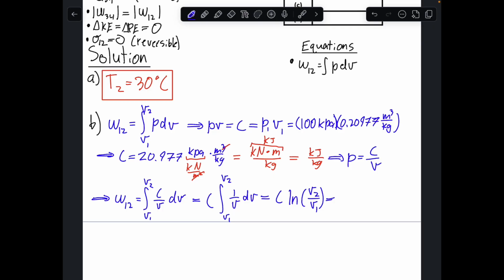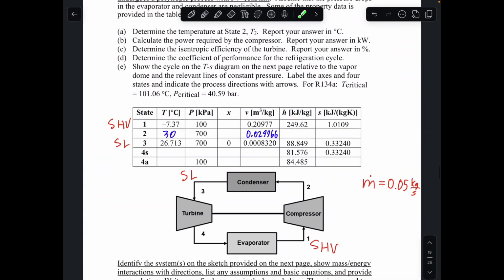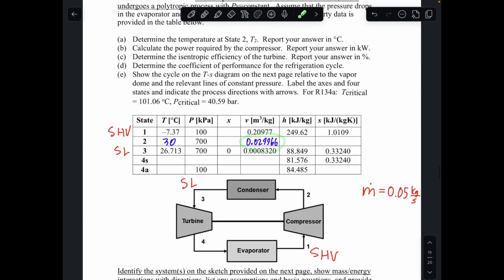C, like we said, is this. I'll go down to the next line here. Work from 1 to 2 is equal to, C is this 20.977, and we found that our units are actually kilojoules per kilogram for this. And then we multiply by natural log of V2 over V1. We have those values in our table. Well, we solved for V2, but that's 0.029966, and then this one is 0.20977.